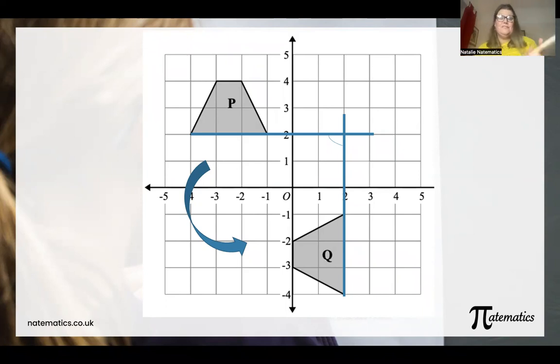To be honest, we could have said it's gone that way, 270 degrees. I've chosen to say it's going 90 degrees anti-clockwise. So always remember, if it's going that way, it's the opposite way to your clock. If you can visualize your clock, 12, 1, 2, 3, that goes from left to right. This is going from right to left.